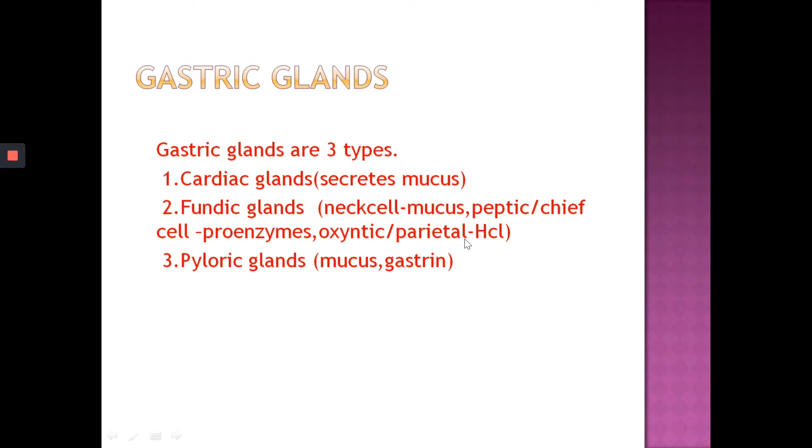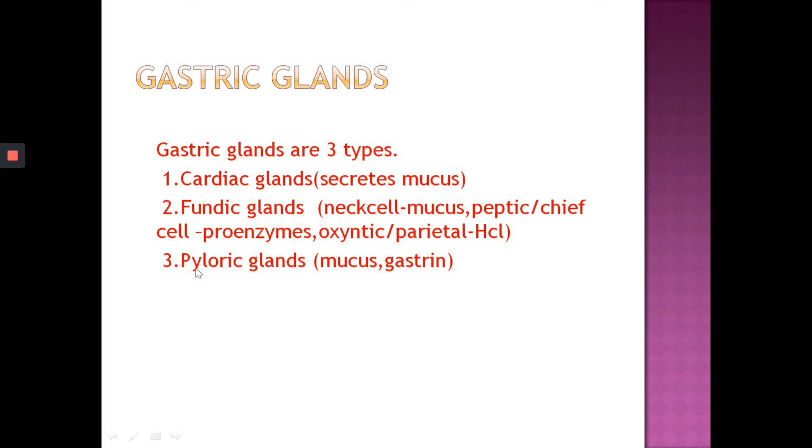These cells secrete HCl, hydrochloric acid. So fundic glands contain neck cells, peptic cells, and oxyntic cells. Neck cells secrete mucus, peptic cells secrete proenzymes, and oxyntic cells secrete HCl.